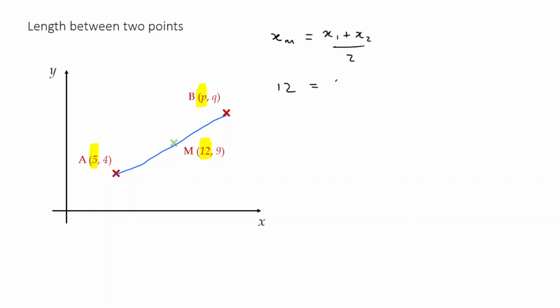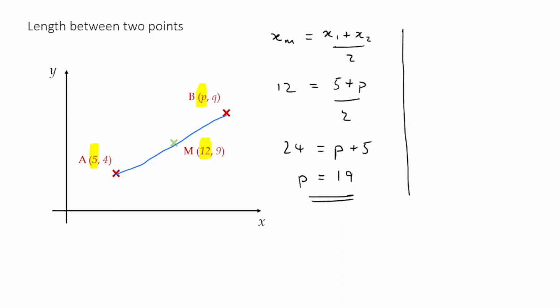So I do 5 plus p over 2. So rearranging, I multiply by 2 on both sides. That gives me 24 is equal to p plus 5. And so p is 24 minus 5, which is 19. Okay, that's the point P.